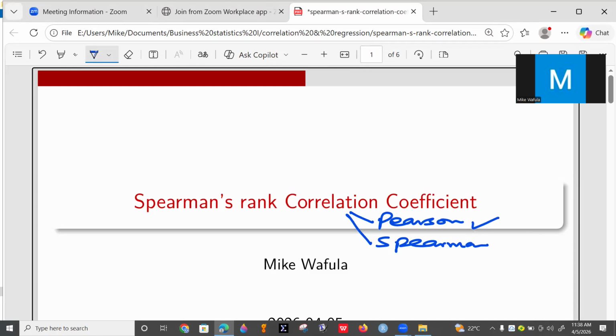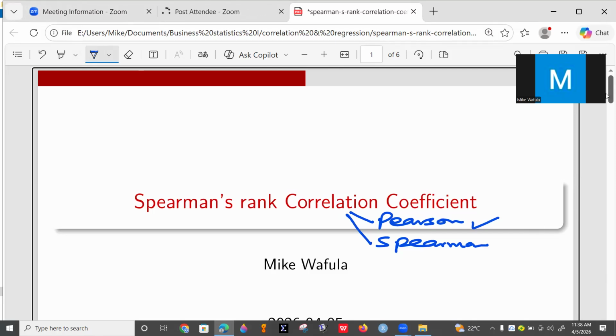We mentioned that this coefficient is commonly used when there's a possibility, first of all, of a linear correlation existing between the two variables that you want to compute their correlations. And we also said that data in that scenario is assumed to be normally distributed.